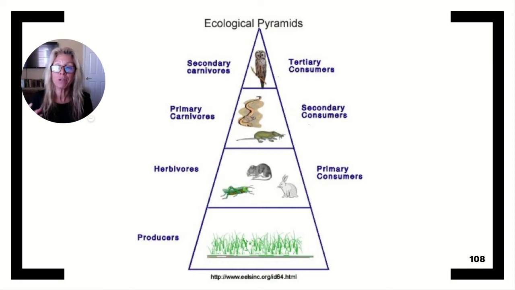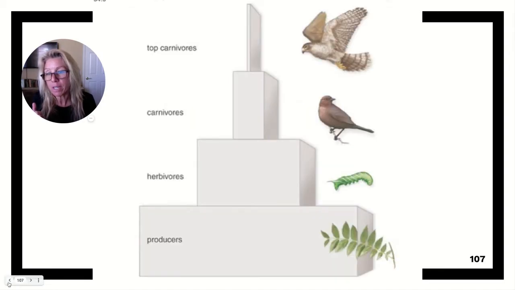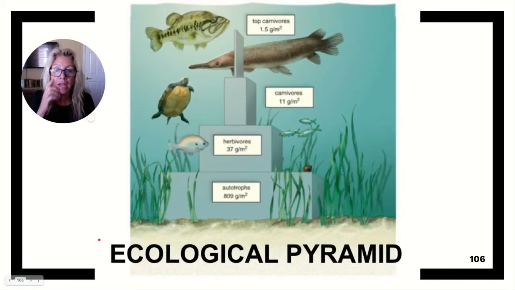Another way to do it is pyramid of biomass, because if you just weighed all of the producers, which is what this one, I believe, was doing, grams per meter squared, all of the autotrophs would weigh more than all of the herbivores, than all of the carnivores. And for the most part, that works.